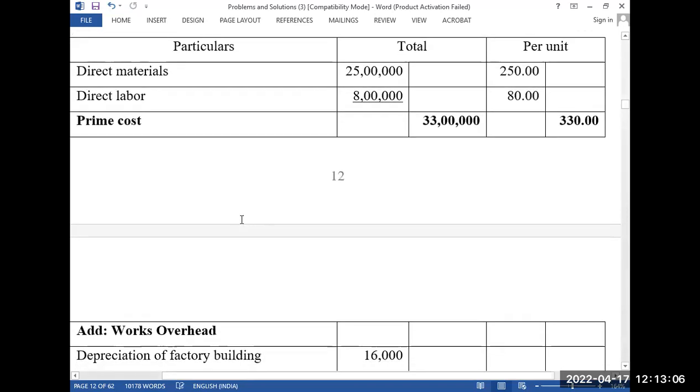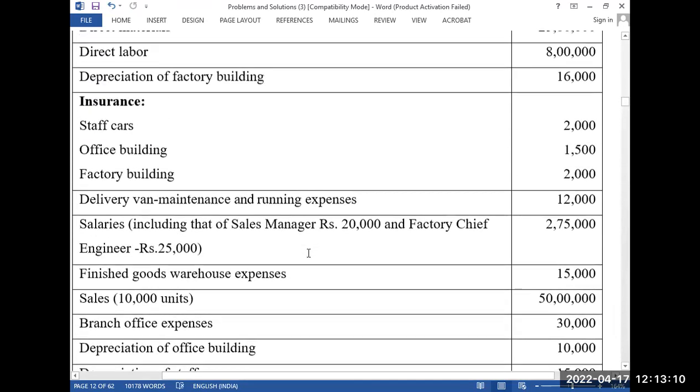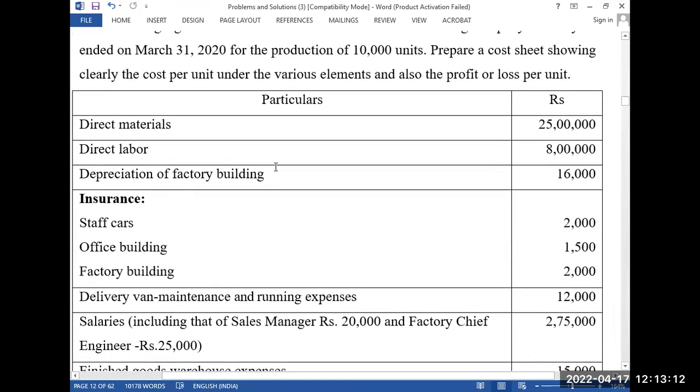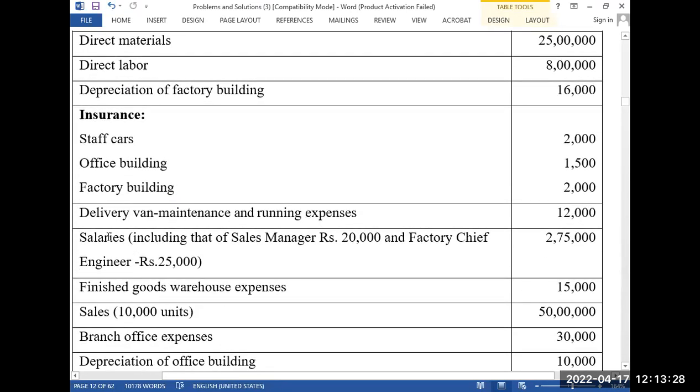Plus works overhead. Look at the question. What are the works overheads given? Depreciation on factory building is a works overhead. Factory building insurance is a works overhead. Okay, I will take this, and then I will take this. Then salary is given. The total amount of salary is 2,75,000.